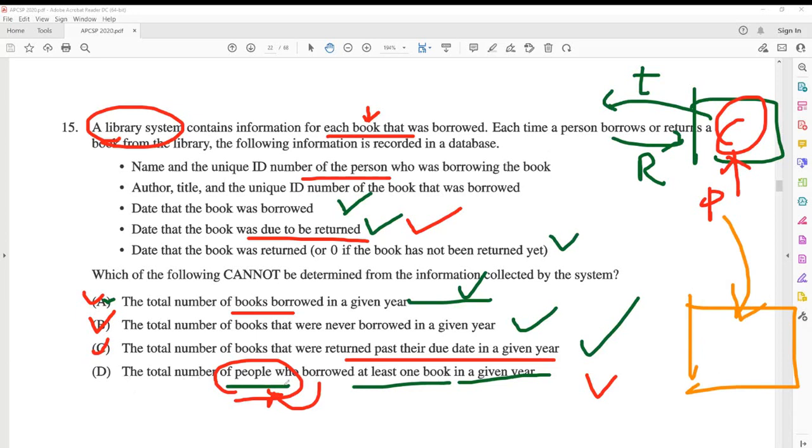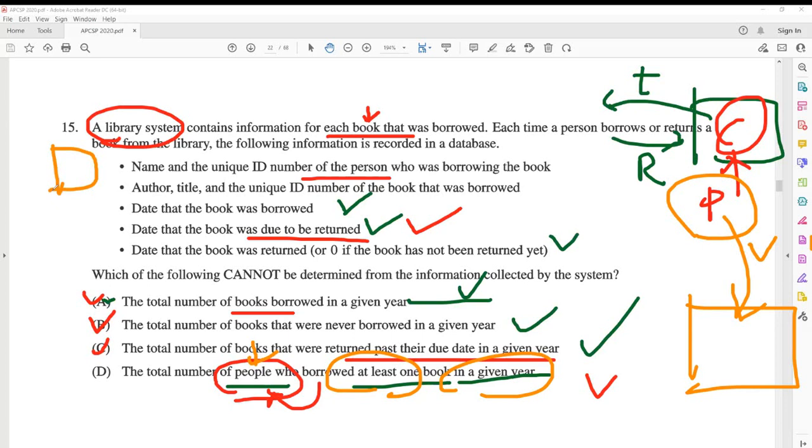So for the total number of people who borrow at least one book in a given year, the other library you may not know. So you cannot determine whether a person is actually borrowing more than one book in a given year or not. This is a little bit tricky, but I would say D is the better answer.